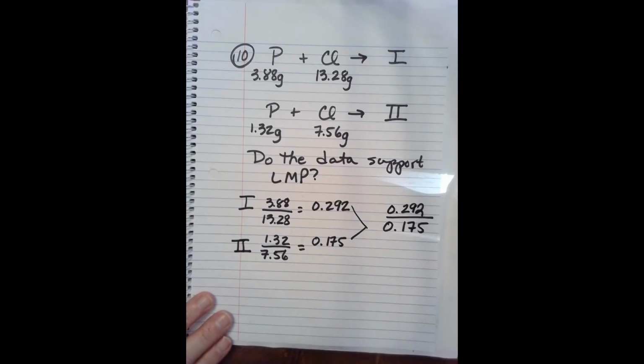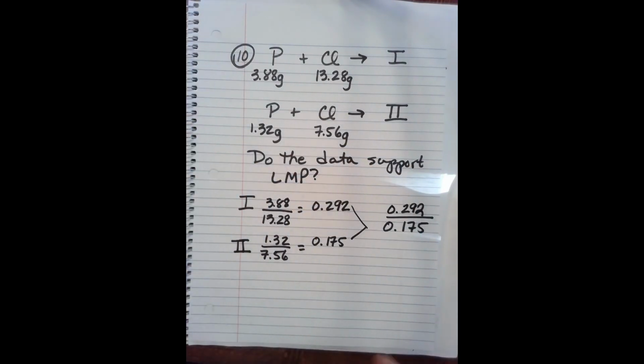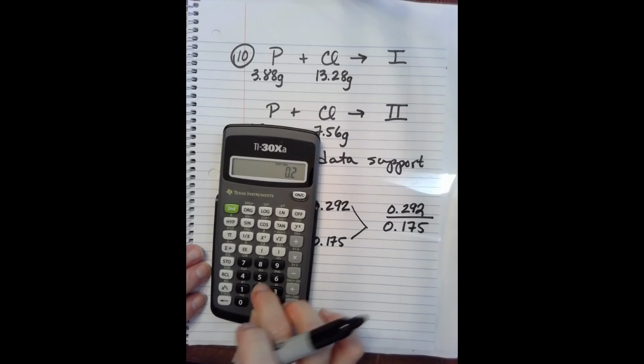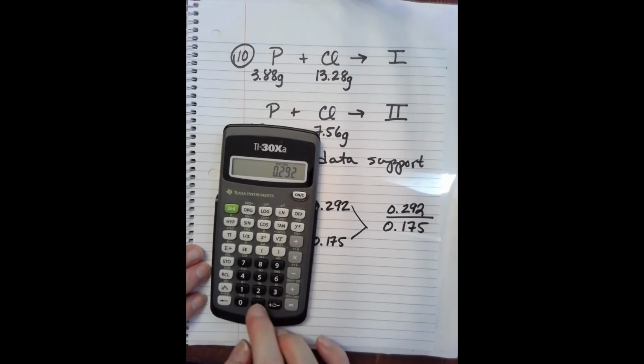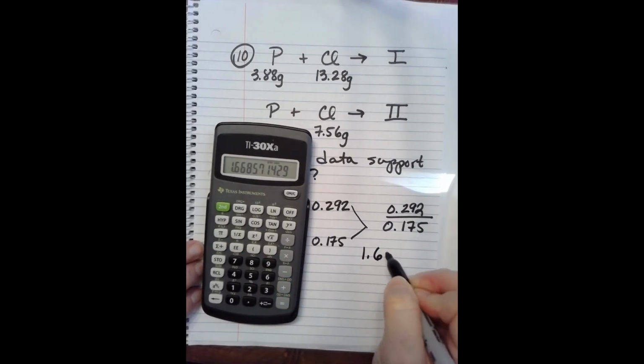And if we get a whole number, then yay! Compound 1 and compound 2 are both valid compounds, and this information all works. So let's see what we get. 0.292 divided by 0.175 equals 1.67.